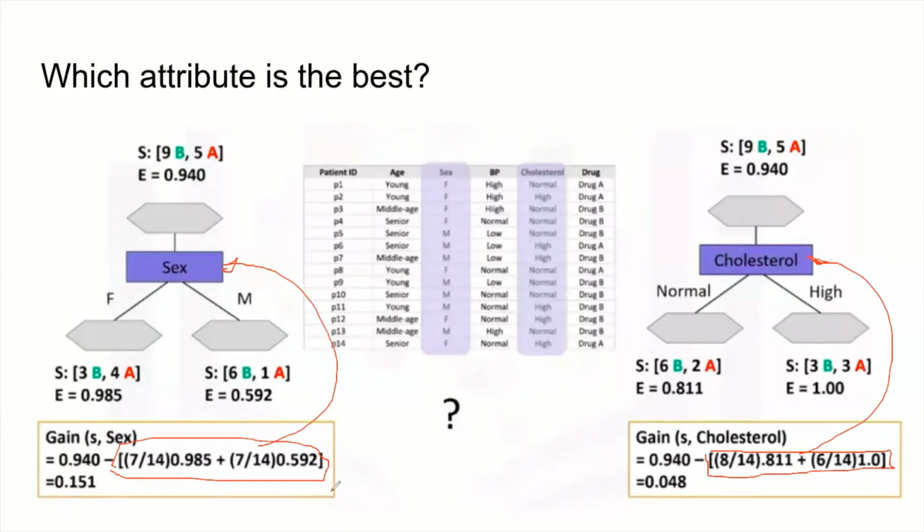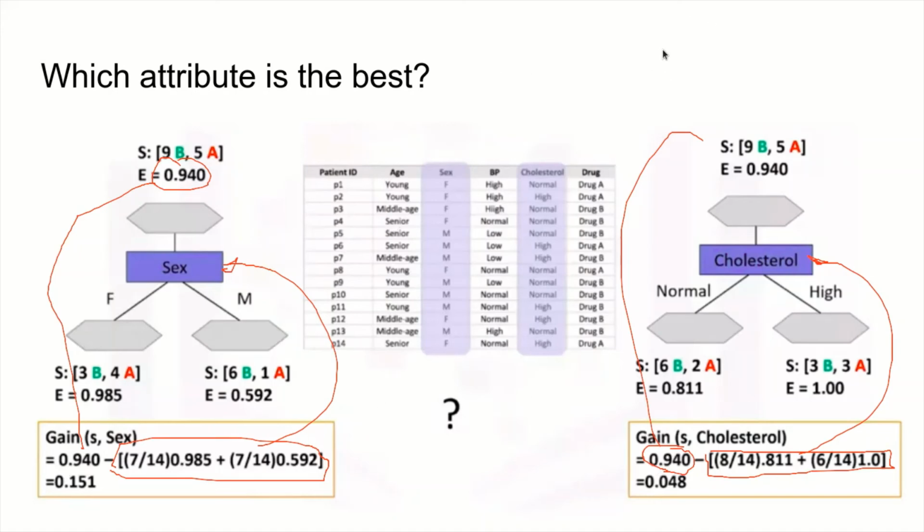And this value is nothing more than the starting entropy that we found earlier. It's here. So we just subtract them, and we pick the root. We will pick as root the feature that gives us more information, the feature with which we gain more information.